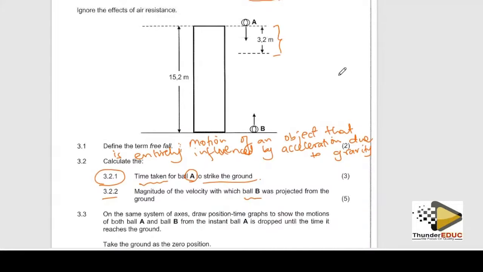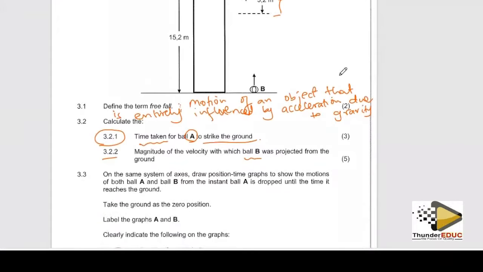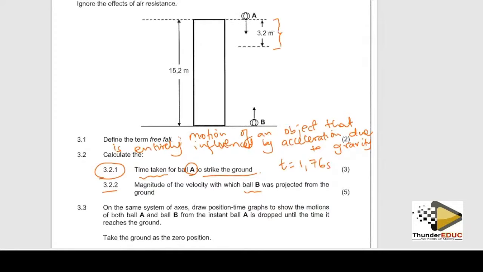So guys, remember, since we have our time as 1.76 seconds, we need to find out how much time this object took to travel a distance of 3.2. And then perhaps if we subtract that, we could get the time object B is going to travel, to go up and even come down. Okay, the total time for object B.